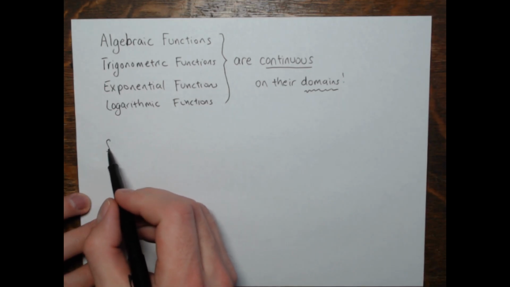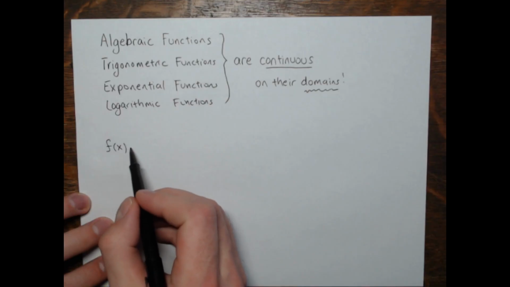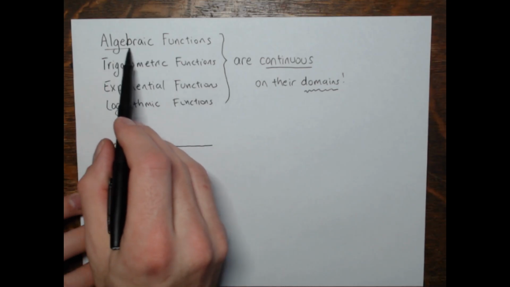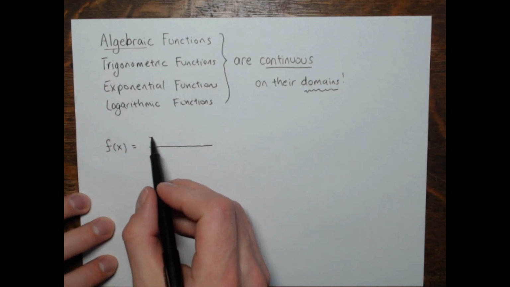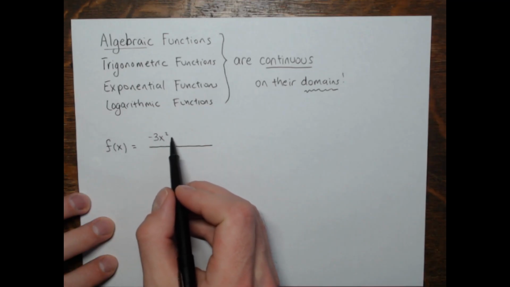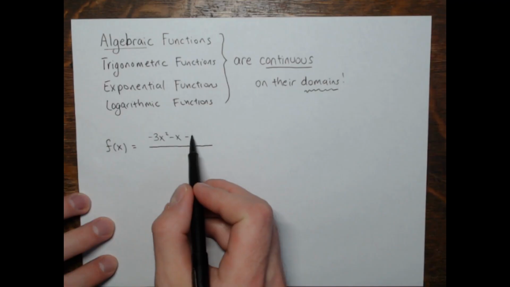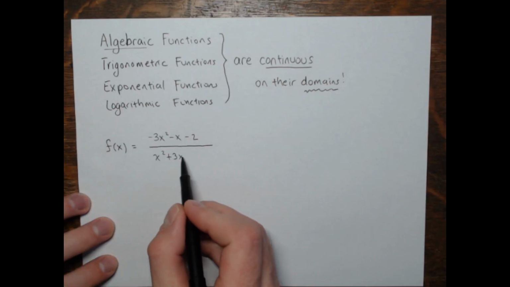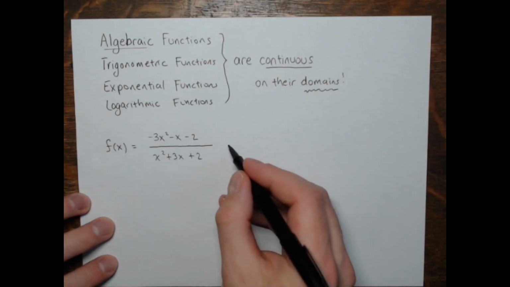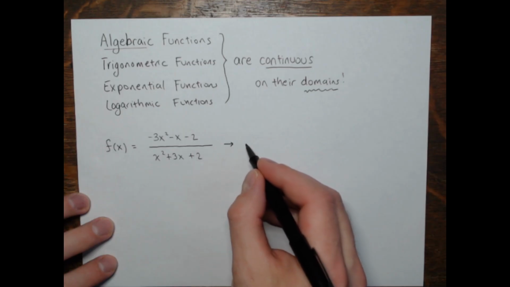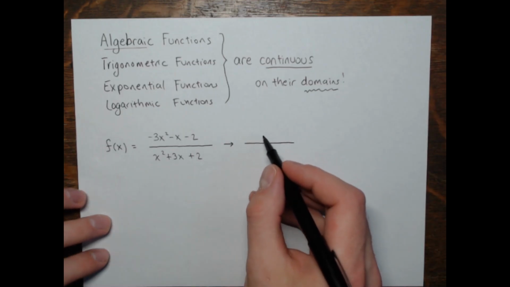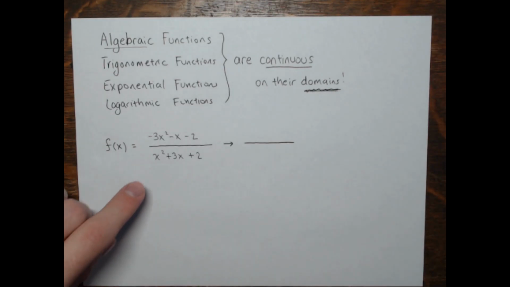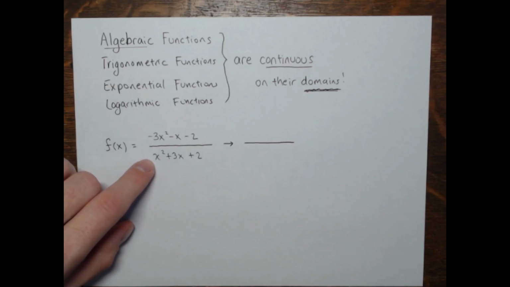So this example here, we're given this function, and it's one of these rational functions, right? So algebraic. You've got negative 3x squared minus x minus 2 in the numerator, and x squared plus 3x plus 2 in the denominator. When I'm thinking about the domain, remember, you can't divide by 0.